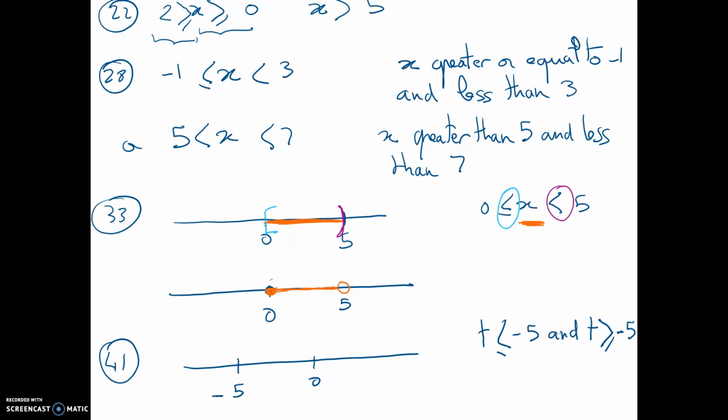X is less than negative 5. I would like to remind you that I could totally read this way. Okay? T is less than negative 5. On this one right here, both can be read as t less than negative 5 or equal to negative 5, t less than or equal to negative 5.